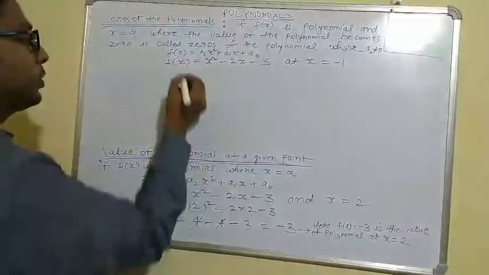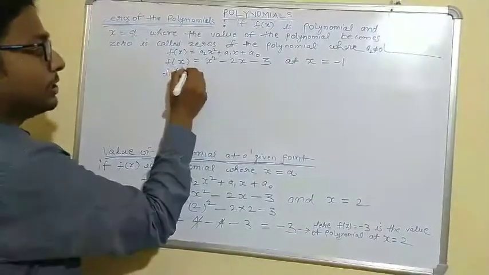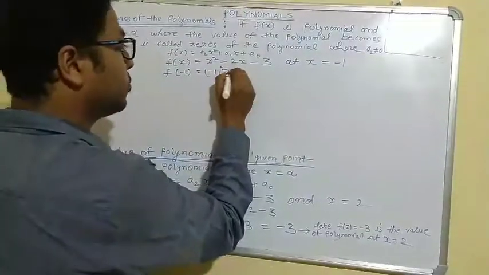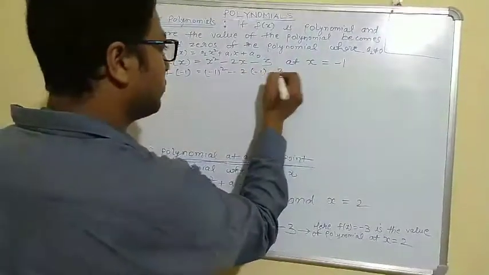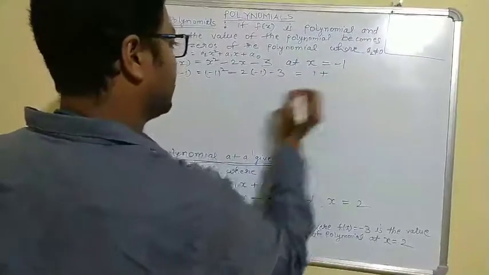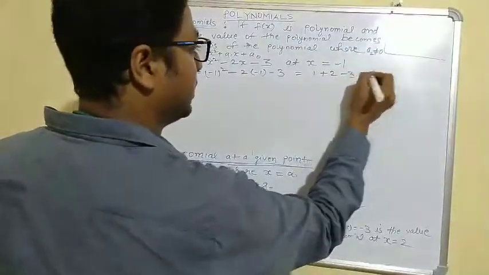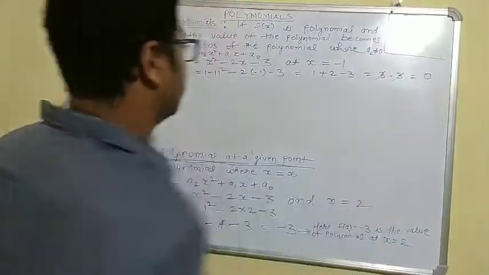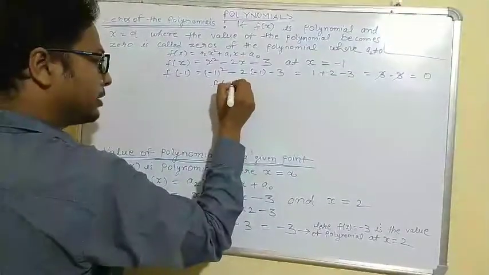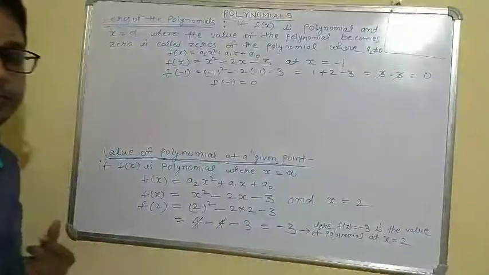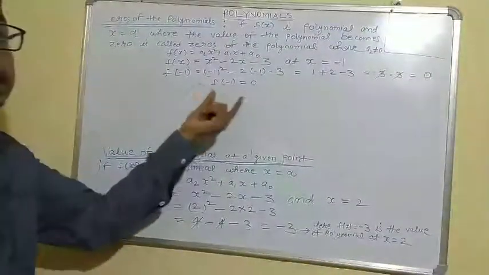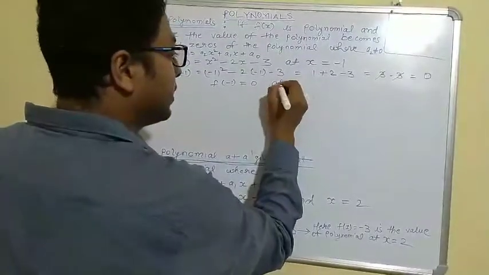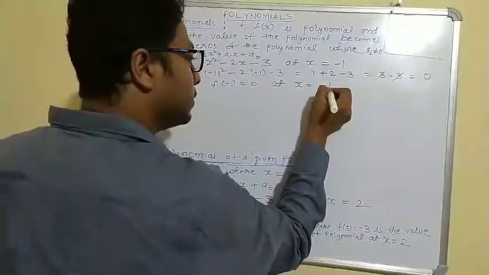We put x equal to minus 1 and get the result. Minus 1 square minus 2 times minus 1 minus 3, which is 1 plus 2 minus 3, 3 minus 3 equal to 0. Here f of minus 1 equal to 0. It means that it is a zero of the polynomial at x equal to minus 1.